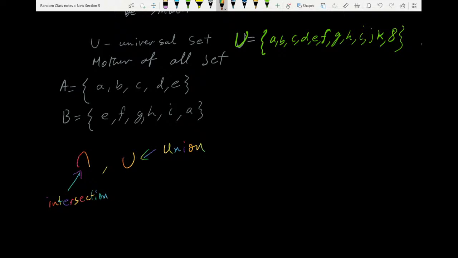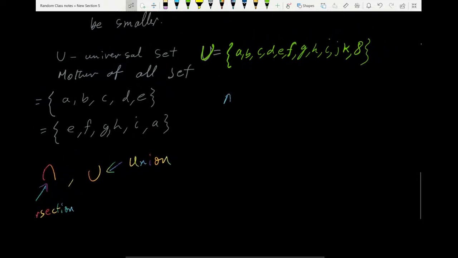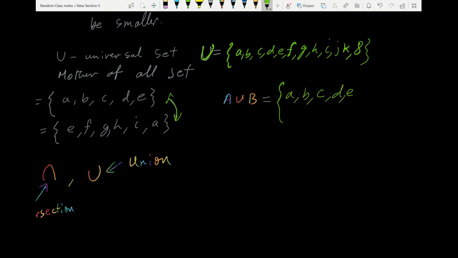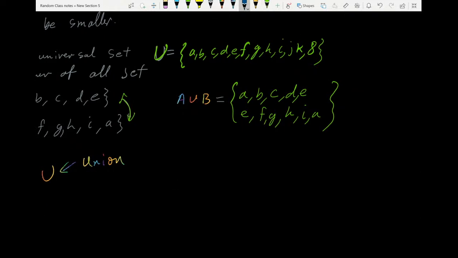All right. So what do union and intersection mean? If I'm looking at A union B, not the universal set, what it means is I look at all the elements in A and B and I just combine them. I have A, B, C, D, E, F, G, H, I, and A. But I have some repeats.